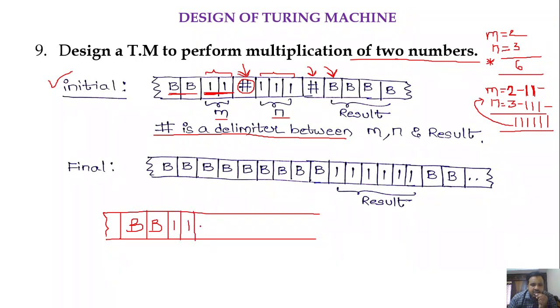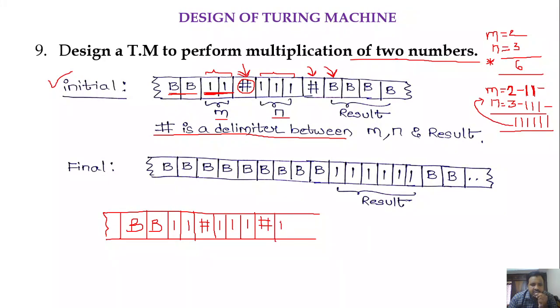After that I am using a hash delimiter. After the delimiter I am going to specify the n value. The n value here is 3, so that 3 will be represented by using three ones. Next, after the end of the input I am using hash again. After the hash, I am going to store the result.